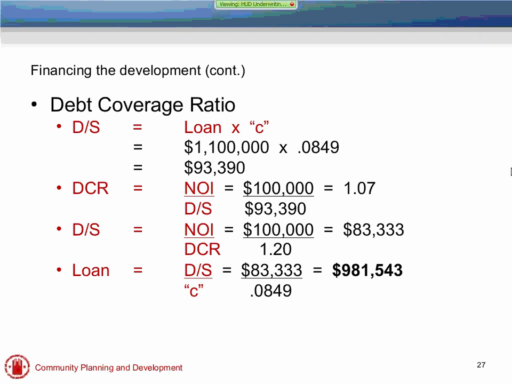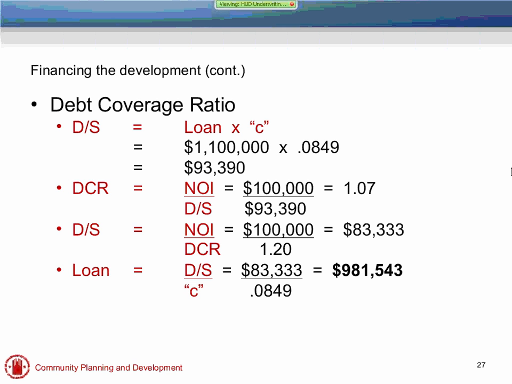Not $93,390, which is what would have been the debt service on the loan we requested. To determine how much of a loan we can actually get based on that debt service, we take our debt service divided by our constant, and that shows that to meet that lender requirement, we can only afford to borrow $981,543.